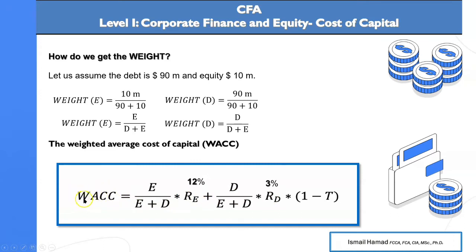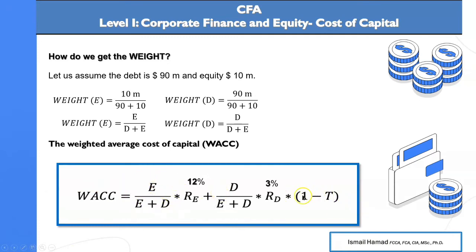This is why we call it the weighted average, not just a simple average. There is a simple average by adding and dividing by the number of figures, but the weighted one is to multiply by the weight of each.